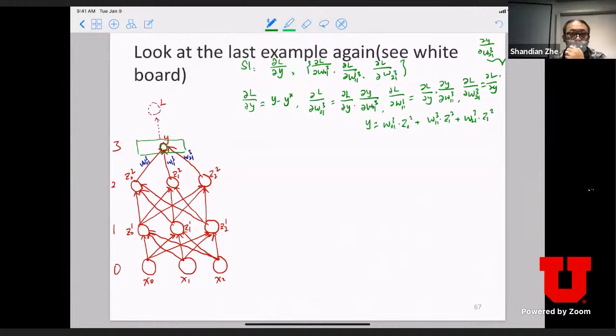If you want to compute the partial Y over each of those weights, it's pretty straightforward. Okay, so now we finished step 1. We're going to move one layer below. We move to layer 2.